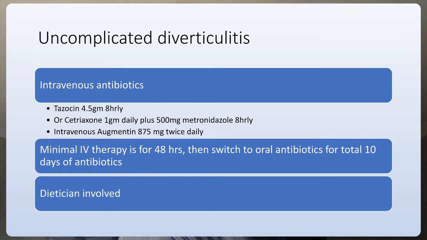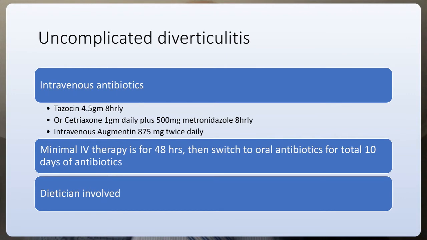It will take the patients a minimum of 48 to 72 hours to feel the difference, that the pain is improving, their inflammatory markers are coming down, they are not running a temperature, and they have their bowels moved and tolerated some light diet. We usually give them some soft diet within about 48 hours after the admission. It could be longer, depending on patient tolerance to the oral intake.